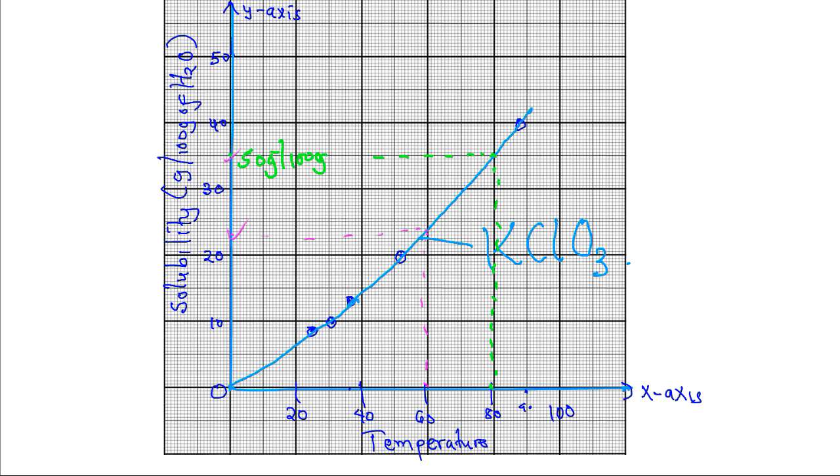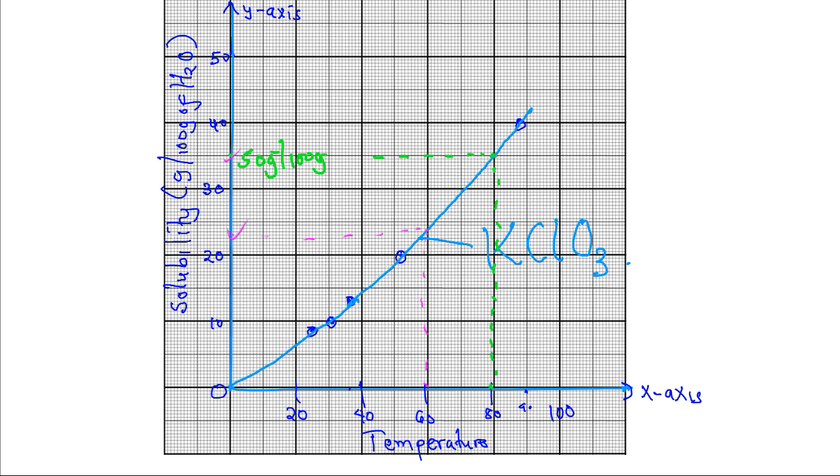However, the solubility of some salts, such as sodium chloride and calcium sulfate, remains almost constant with the temperature change, while the solubility of salts such as calcium ethanoate decreases with increase in temperature.